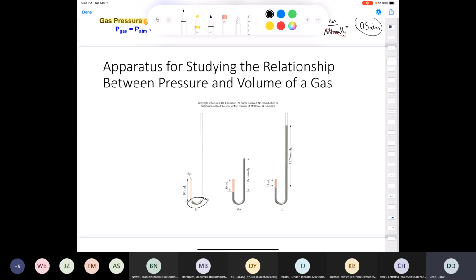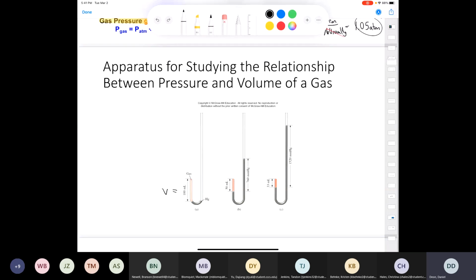Let me show you what's going on here. You've got some mercury in the J tube here, and you can see that the height of the mercury on both sides is equal. Then we have a certain amount of gas in here, and it takes up a certain volume, right? The volume is equal to 100 milliliters. The effect that's being felt here is just regular old atmospheric pressure, which would be around 760 millimeters of mercury.